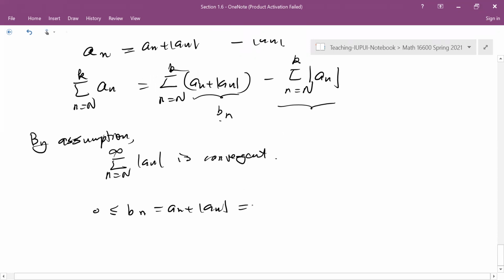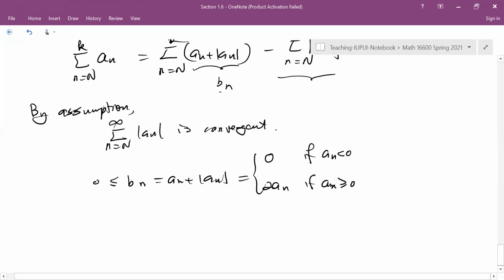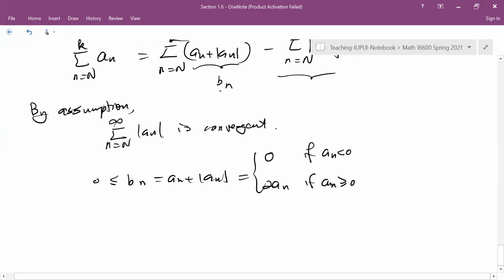So it's either 0 if a_n is negative, or 2a_n if a_n is greater than or equal to 0. So we always have this, and I can even put an absolute value here. It doesn't matter, this is always like that.